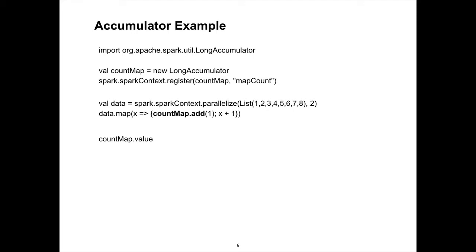The accumulator, again, the workers are going to write to it, and the master can read from it. Here's an example of using a long accumulator. We create a new long accumulator, and then we register it under a name, and in the Spark web UI, that's the name it'll be known under.